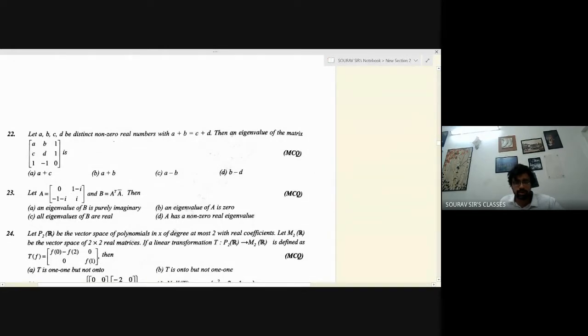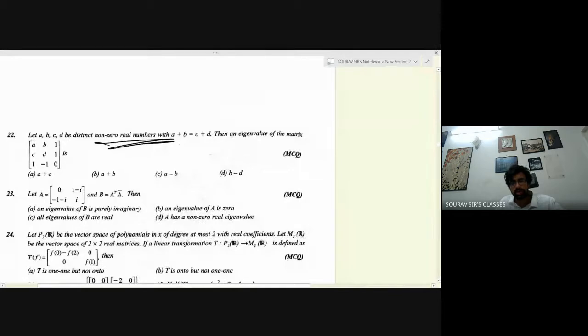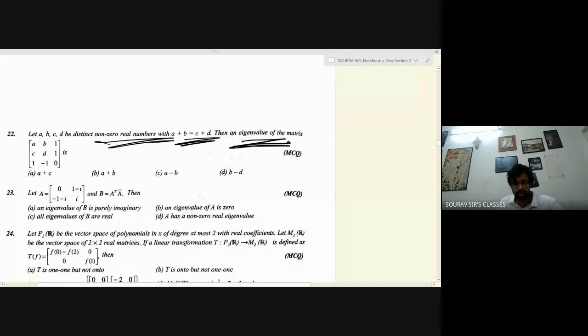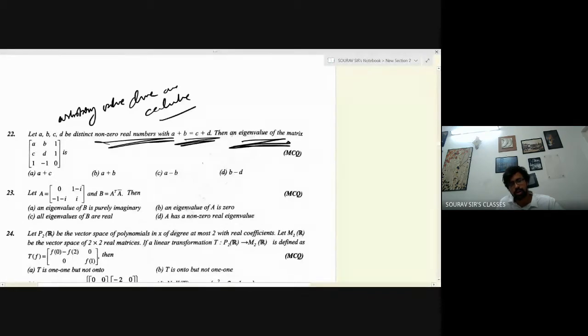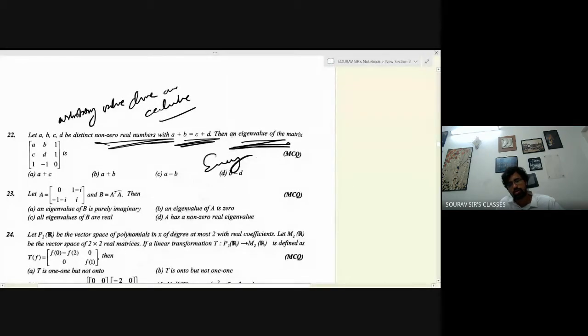A, B are distinct non-zero real numbers, A plus B equals C plus D, then find the eigenvalue of the matrix. Here you can take arbitrary values of your choice and calculate. Every value pattern is applicable.